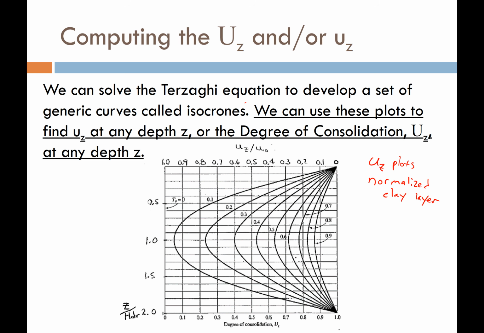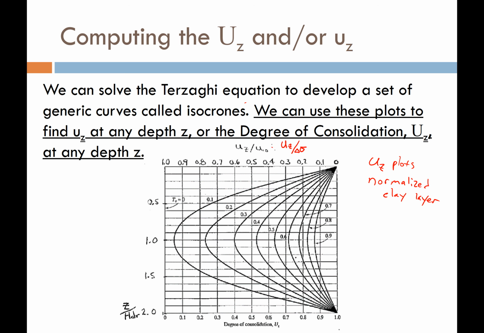What do I mean by normalized? Well, it's normalized because the depth in the clay layer, z, is normalized by the maximum drainage thickness, H sub DR. So that's why it's normalized. And the magnitude of our u sub z curves is normalized by the initial excess pore water pressure, which of course is essentially the same as saying u sub z divided by the induced stress in the soil.